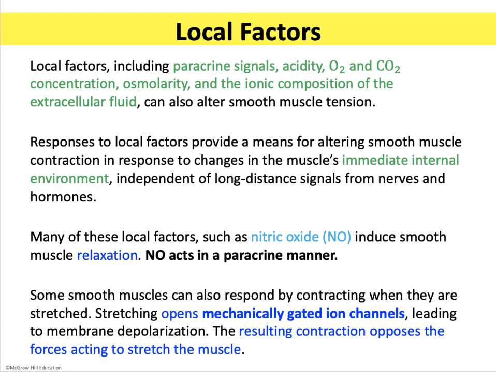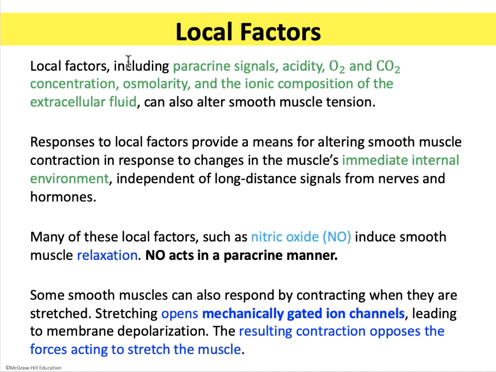One of the most important controls over smooth muscle contraction pertains to local factors. So, local decision making made by the local environment in the form of a reflex system.